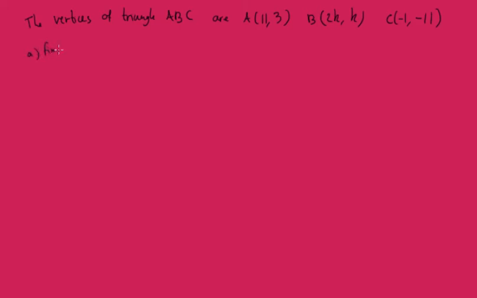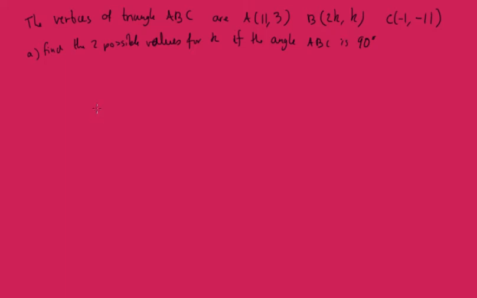Find the two possible values for k if the angle ABC is 90 degrees.